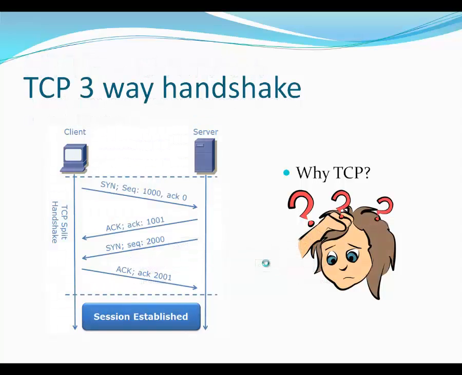As we spoke, the underlying protocol is TCP, with the three-way handshake. Now, what is this? And why TCP? The very first question: why not UDP? TCP is chosen over UDP for various reasons. A few are very obvious, like it's a more reliable protocol.